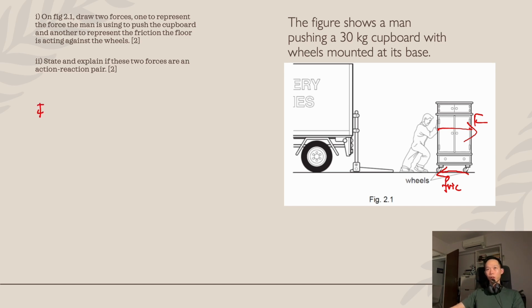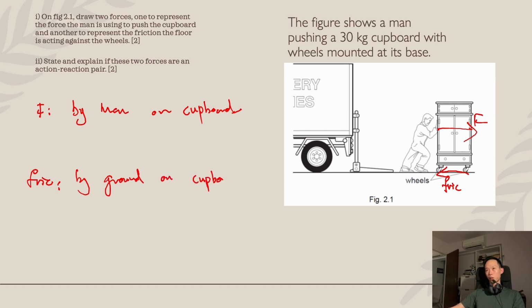So let's look at what each of these forces represents. This force F is by the man on the cupboard, right? The friction is by the ground on the cupboard, right? So the man exerts on the cupboard.